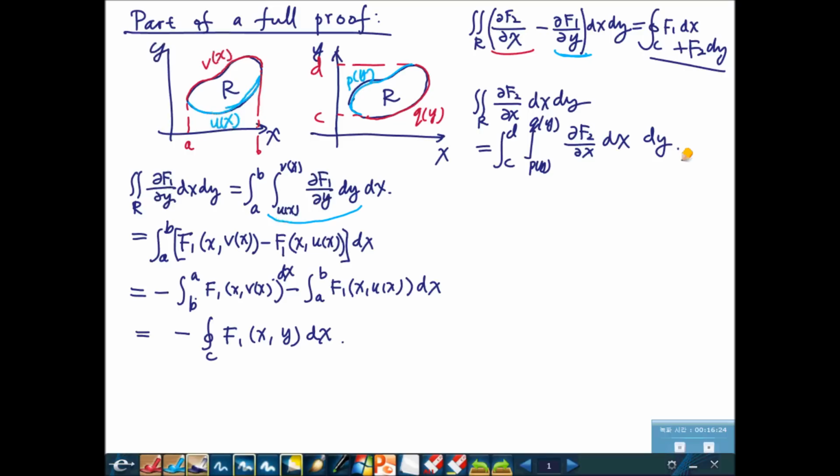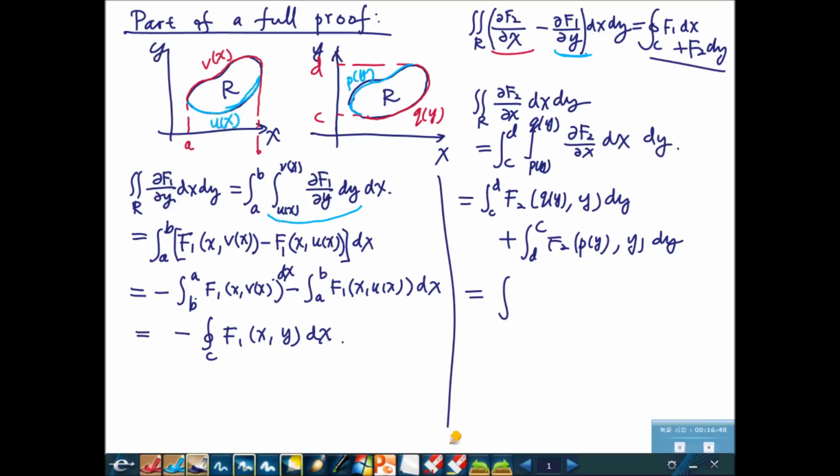And the inner integral gives f2 of q of y, because it's the x position, and y, dy, plus d to c f2 of p of y, y dy, and that's the full closed loop line integral dy. If you add these two, that's what it is.